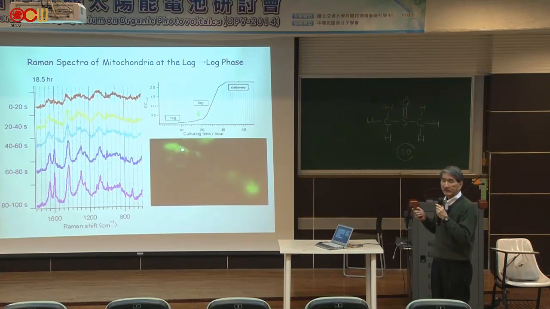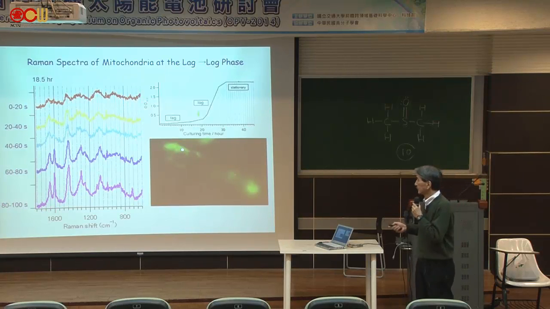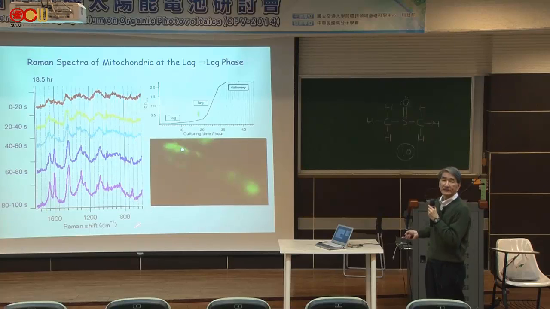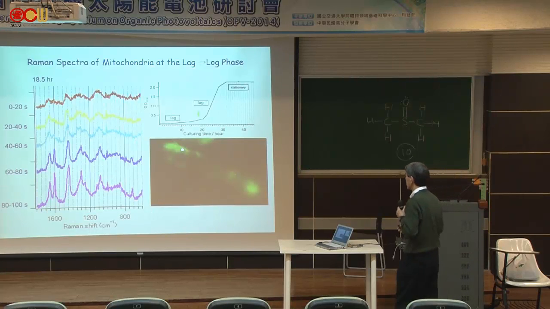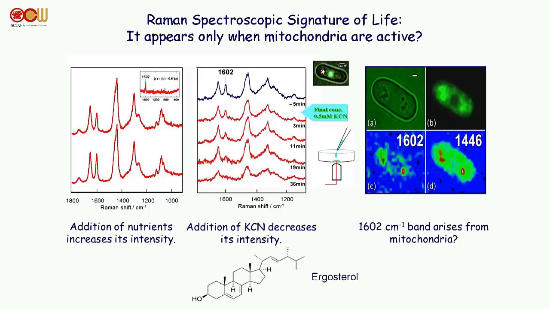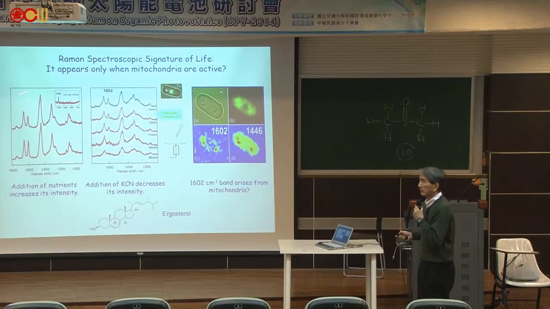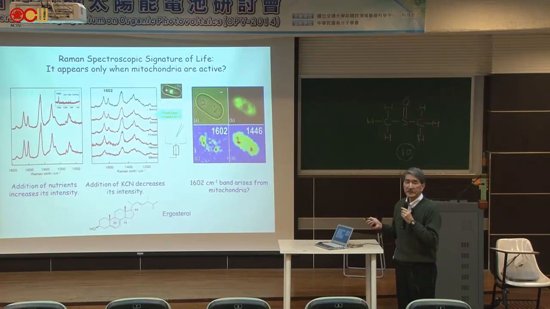So when mitochondria is functioning, it probably needs a lipid like that. So we now think that the signature of life, 1602, probably appears only when mitochondria is active, only when mitochondria needs lipids to make energies.